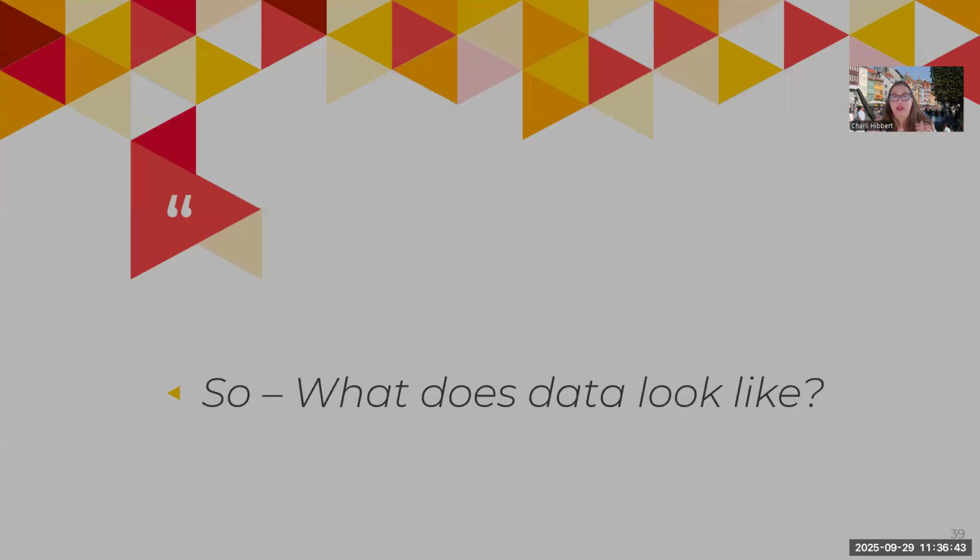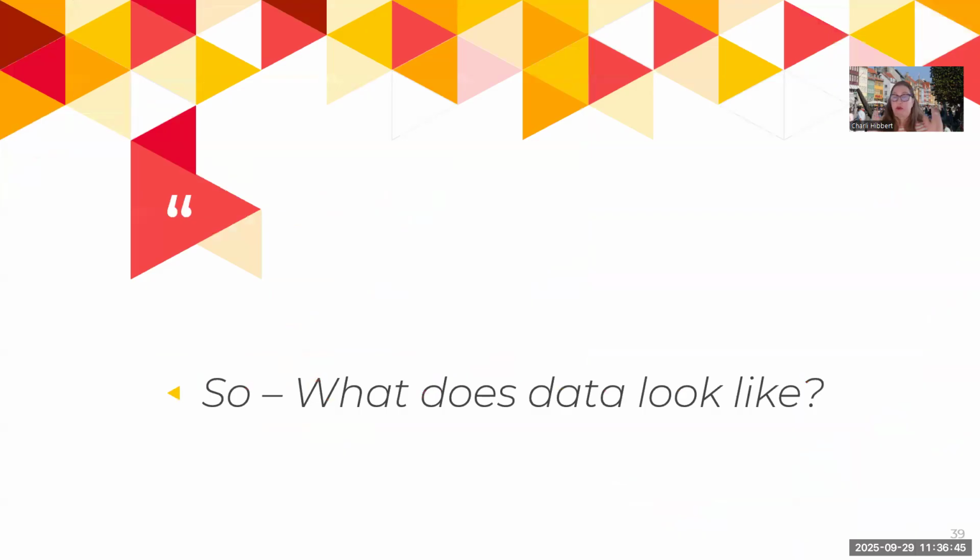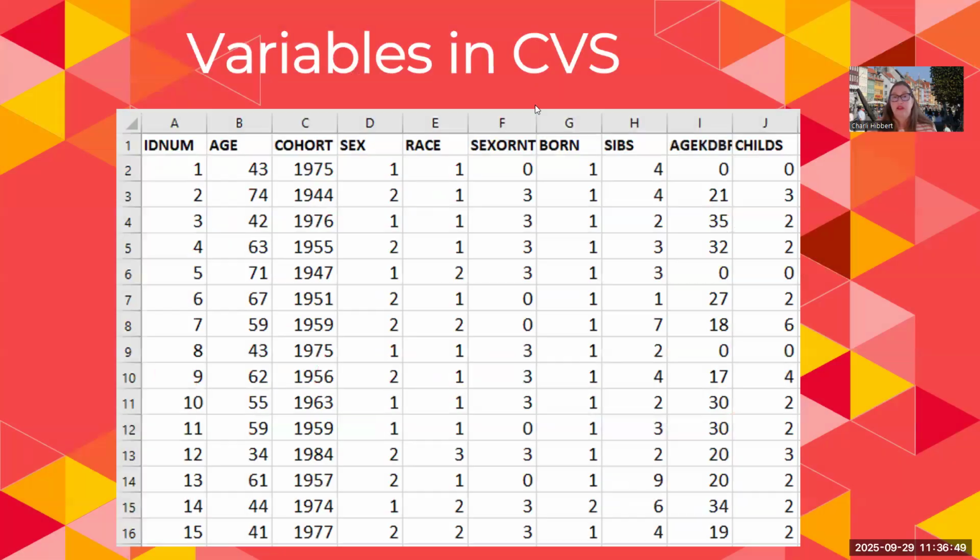Now, when you're starting your lab, what does data look like if we were to ask people all of these questions? This is actually a CSV sheet, which is what we see from Excel or a spreadsheet. We can also see something like this in Google Sheets. You have your ID numbers, and these are the participants' ID numbers. This is one participant right here.